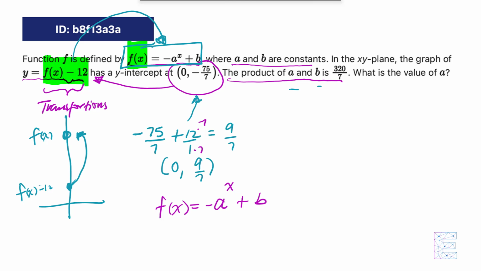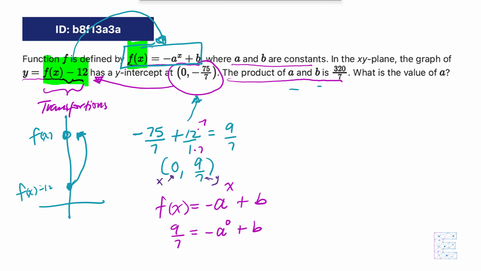Remember, in having this y-intercept, we now have the x value and we have the y value of this function. So we can literally plug those in where they need to go. F of x means y, so the y value is 9 over 7 equals negative a raised to the power of 0, because x is 0, plus b.